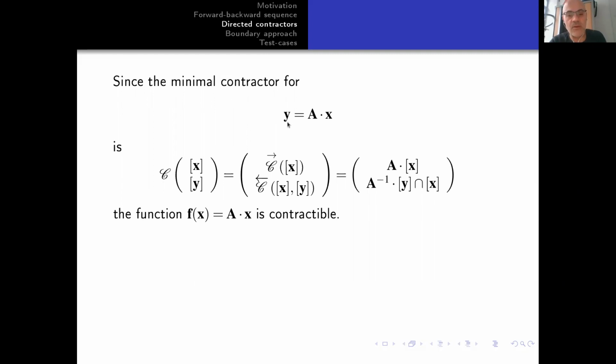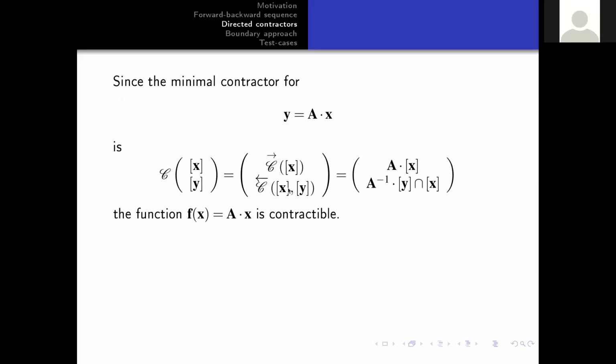So assume that I have y equal A of x. For instance, I will assume that A is invertible, so it is square and invertible, but it is not needed in general. But just to write the expression. So if I have this, the forward is given by this, and the backward is given by this.